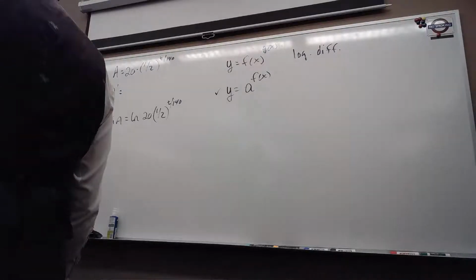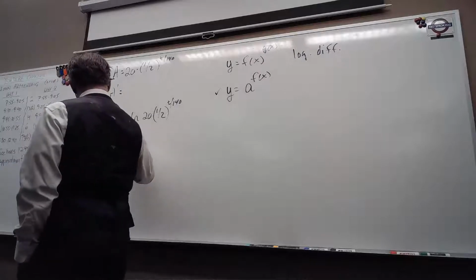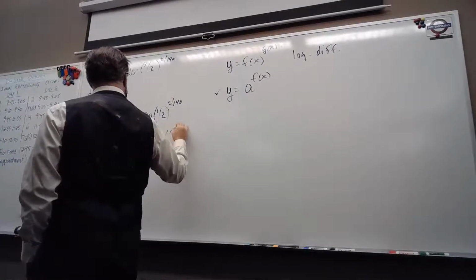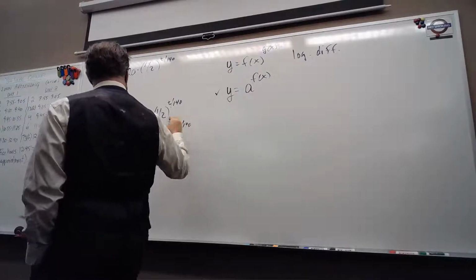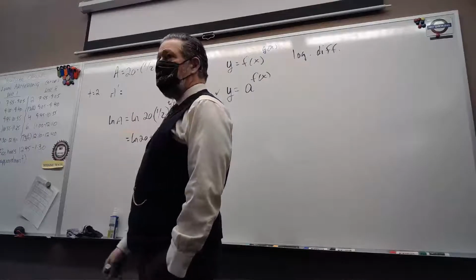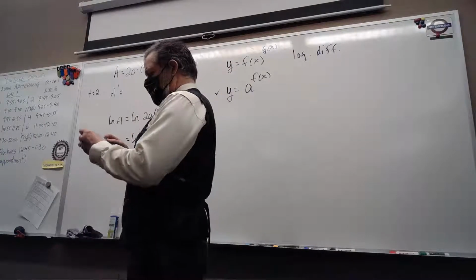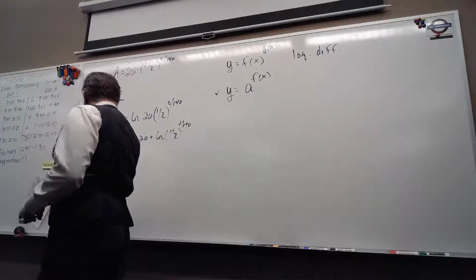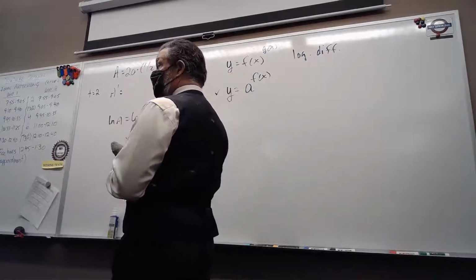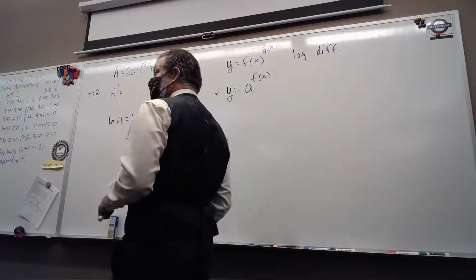Or maybe I can use the product. Is this natural log of 20 plus natural log of 1/2 to the t over 140? All this doesn't help me. It's just complicated. So misapplying the natural log or the log differentiation just makes your life harder.